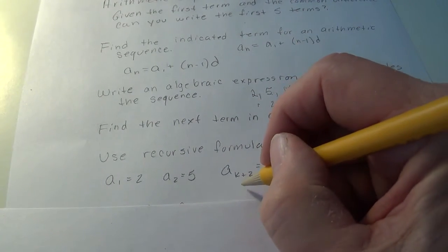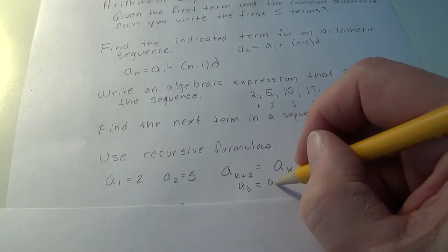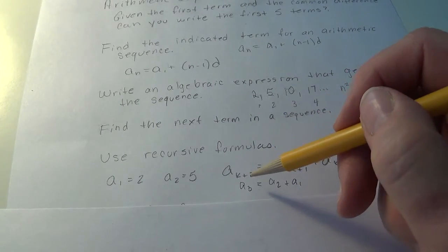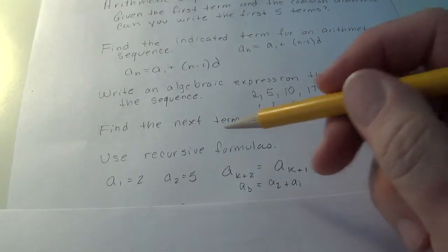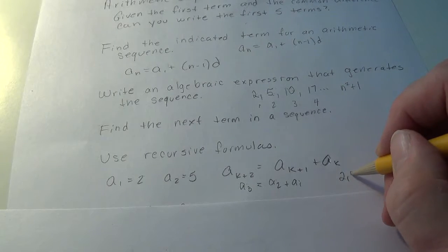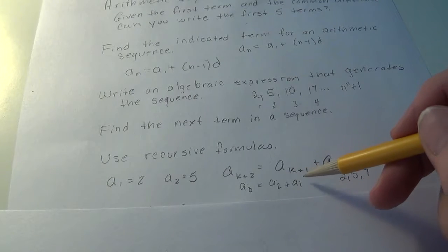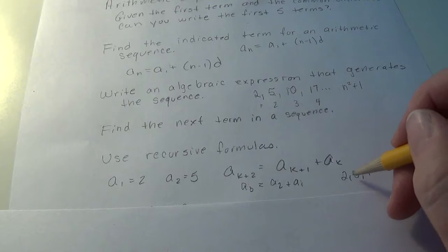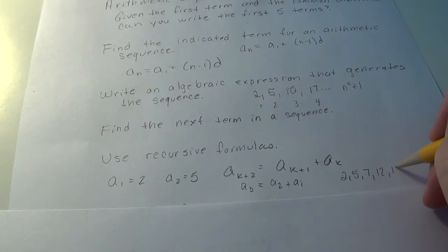Then we're looking for a sub 3. Here k becomes a sub 2, and when we put k as 1, we get a sub 1. So we can get the third term by adding the second term and the first term. So the sequence goes 2, 5, then we get 7. We added term 1 and term 2. Then it's going to reoccur. That's why it's recursive. So we get 12, and then we add those two and get 19.